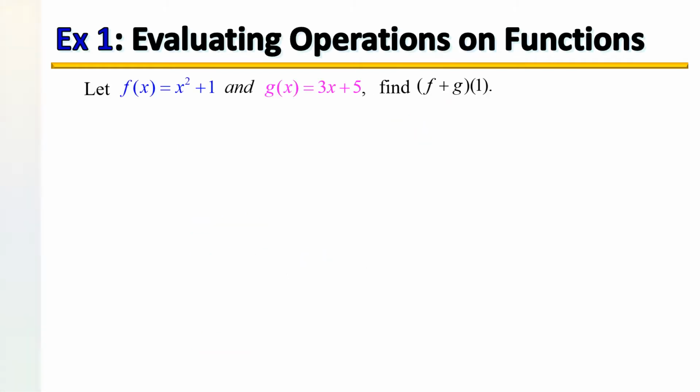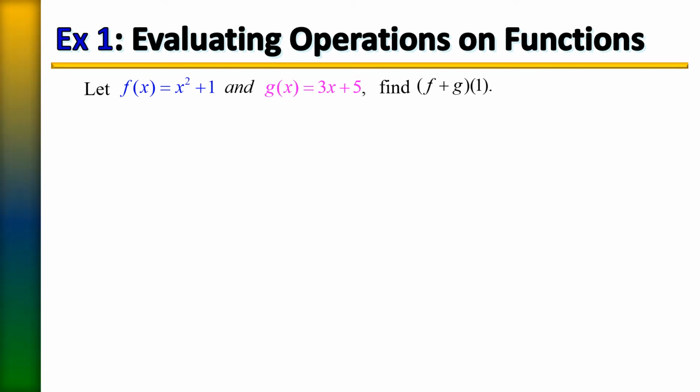In this example, we're asked to find f plus g of negative 1. And what that means is we're going to, yes, combine these two functions together or add them. And then we're going to plug in a negative 1 to evaluate the function. Now you can do this one or two ways.